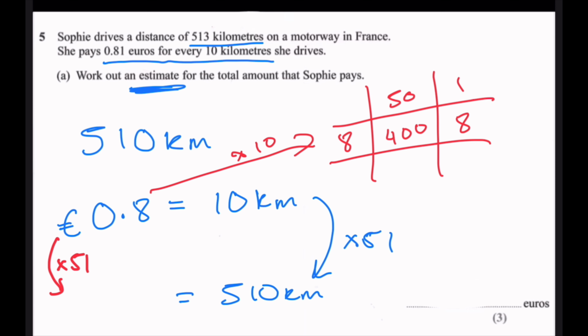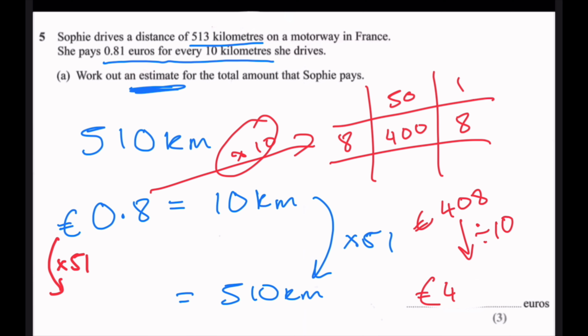I add these two together, that gives me 408 euros that he should be paying. Don't forget what we said before. We multiplied by 10 here, so now we're going to divide by 10 at the end, and that gives me 40.8 euros.